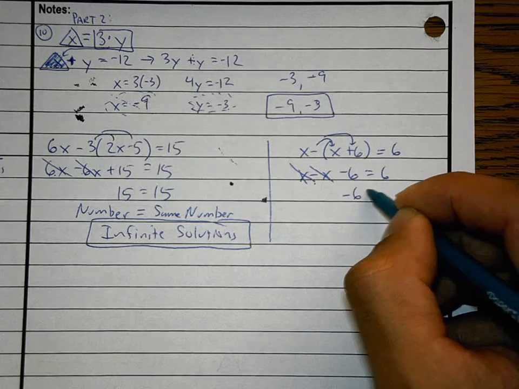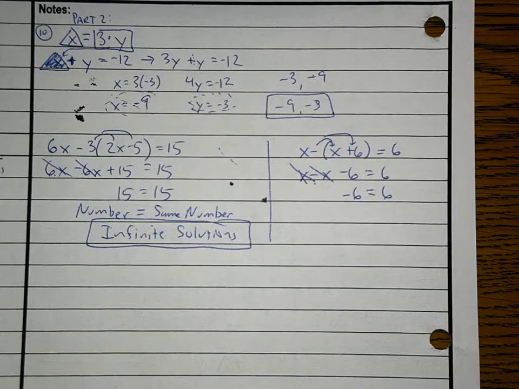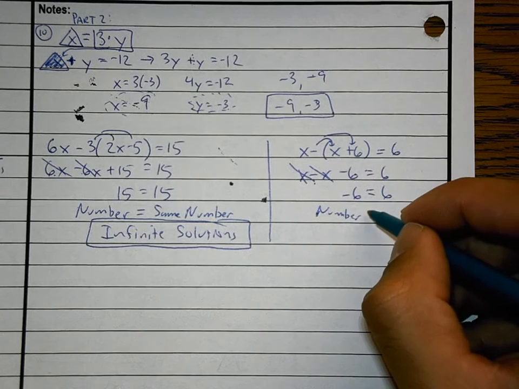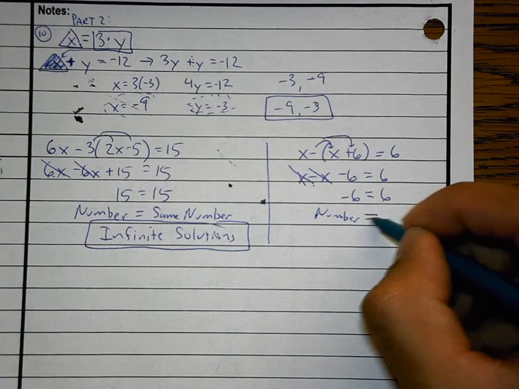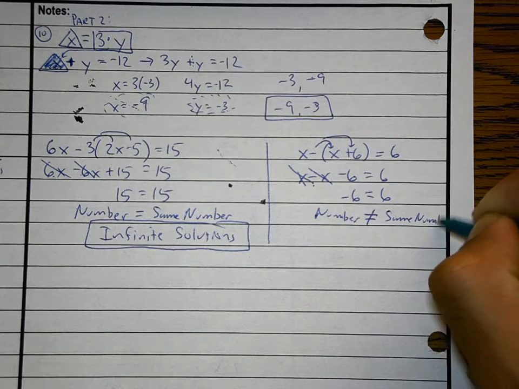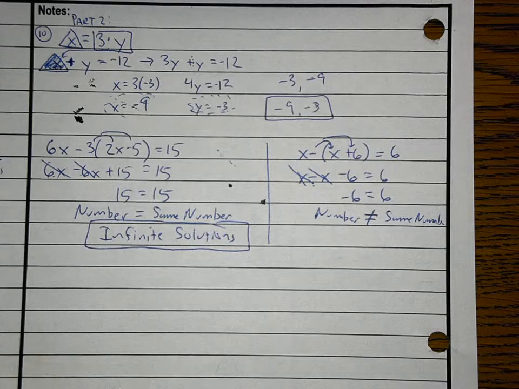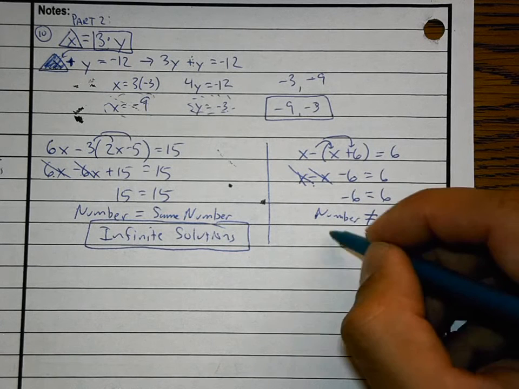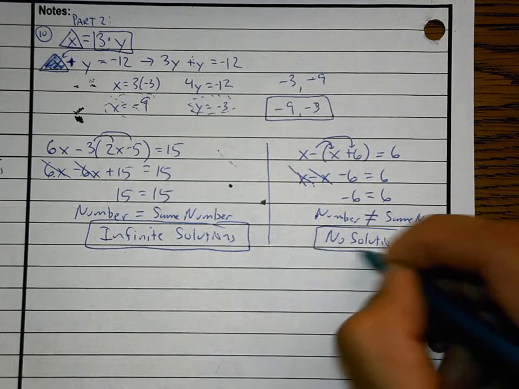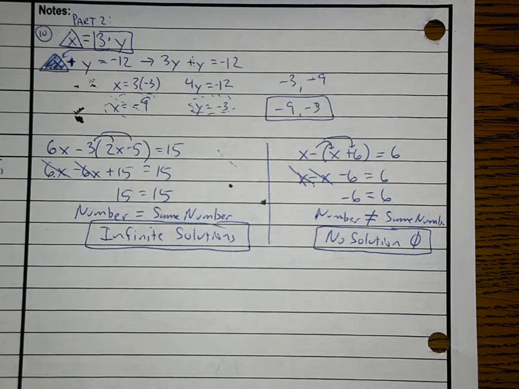And you get negative 6 equals 6, or some number that is not equal to the same number. Are these equal to each other? Will they ever equal each other? So this answer is no solution. And there's a symbol for it. You can use the symbol if you want to, or you can write it out. There are at least 2 no solutions, I believe. Yes, there are on this worksheet.